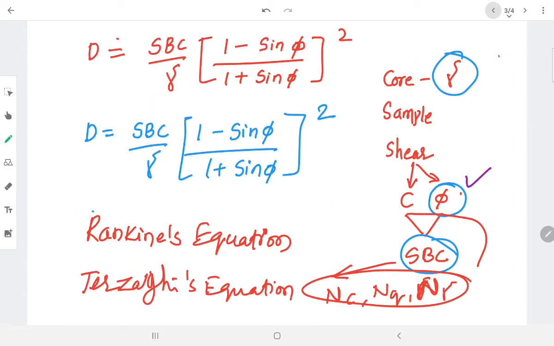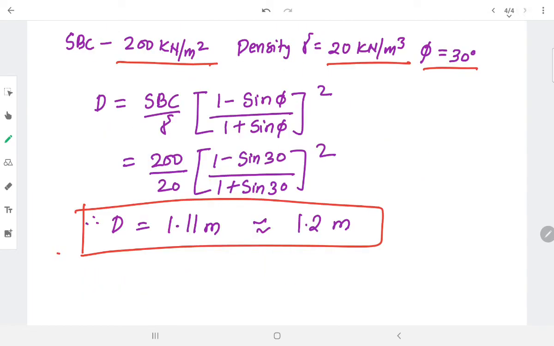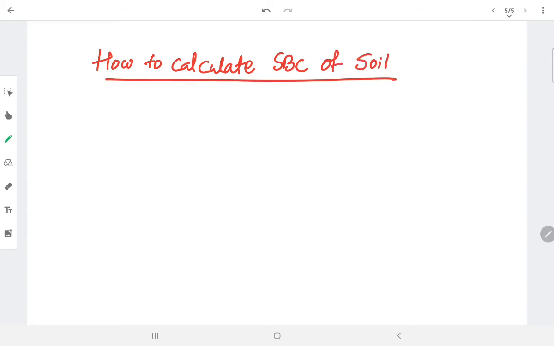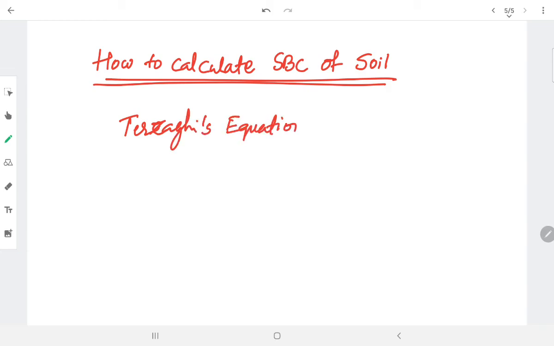In the next video we will be discussing Nc, Nq, N gamma. That means the next video will be on how to calculate the SBC of soil using Terzaghi's equation.